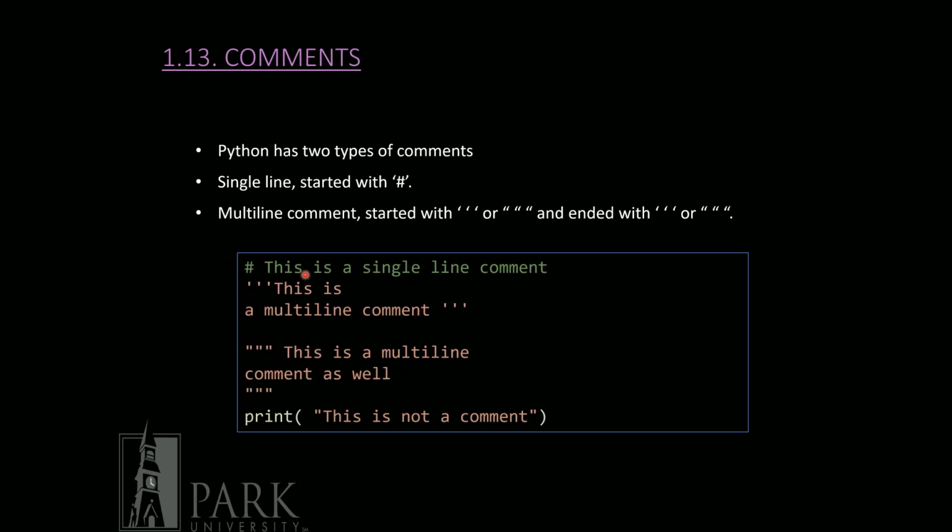Right? So you can do either one of these. Also, in your program, don't mix and match. If you're going to be using single quotes for a multi-line comment, then use that throughout your entire program for multi-line comments. This statement right here is not a comment because it's an actual part of a function, and so this is what we would call a string, or a string literal.